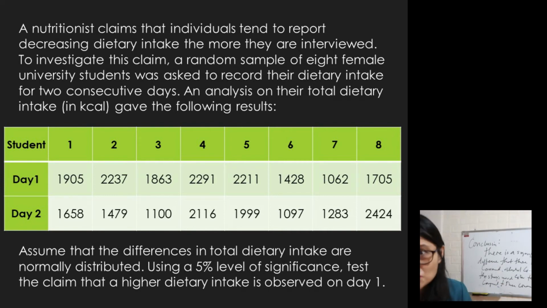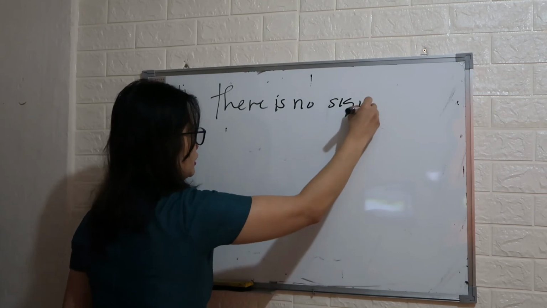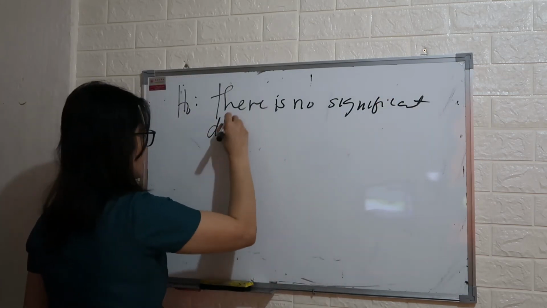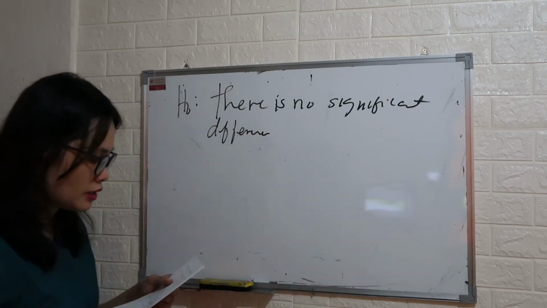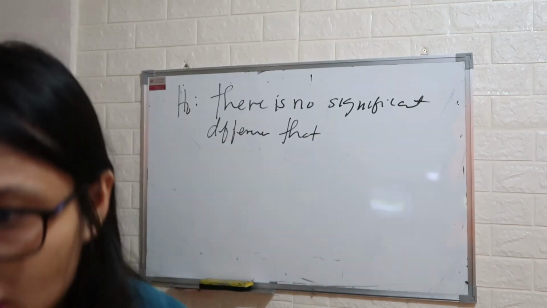So when you say null hypothesis, meaning no change at all. Always, there is no change. An unchanged statement. So your null hypothesis would be, there is no significant difference. What is the claim to test?